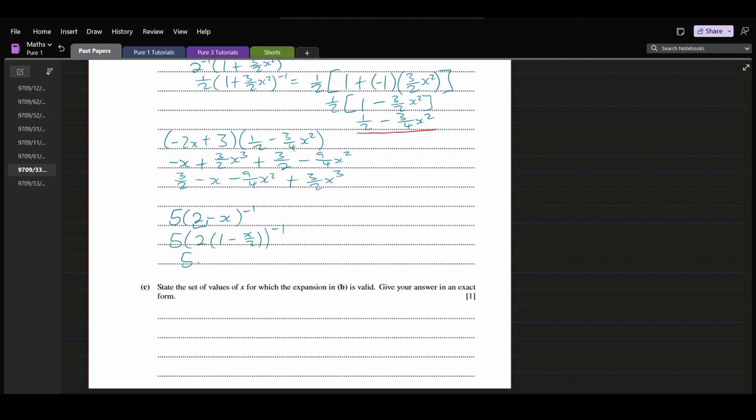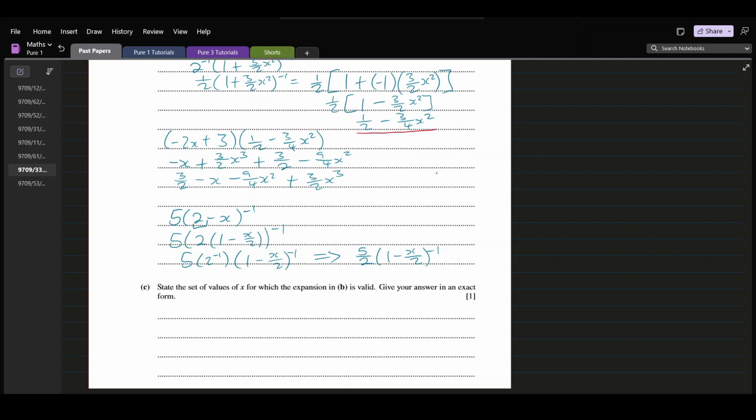Distribute the power negative 1, so that's 5 times 2 to the negative 1 times 1 minus x over 2 to the negative 1. And this would become, 2 to the negative 1 is 1 over 2, and if you multiply that by 5, that's 5 over 2 times 1 minus x over 2 to the power negative 1.